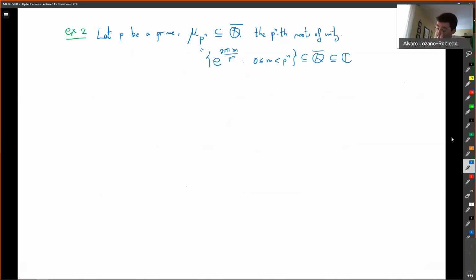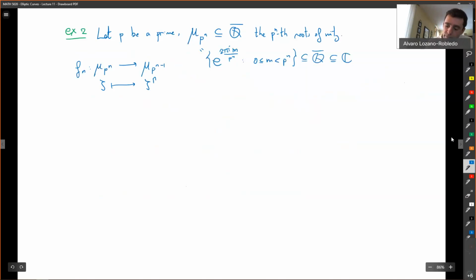Okay, and I need a connecting map between the p to the nth roots of unity and the p to the n minus 1th roots of unity. One easy map is that I can take a root of unity zeta and raise it to the pth power. If it was a p to the nth root of unity, now it's a p to the n minus 1th root of unity.